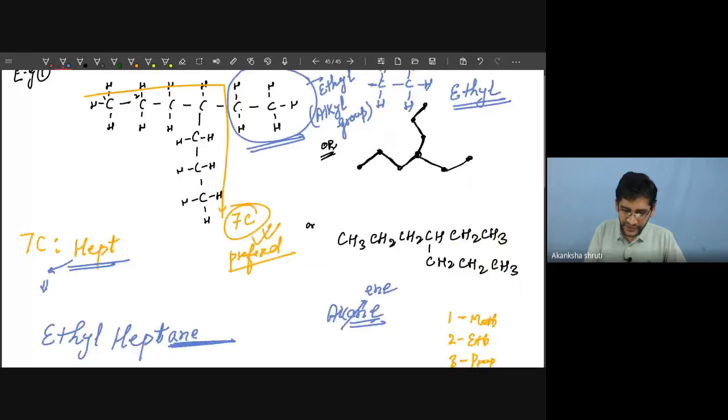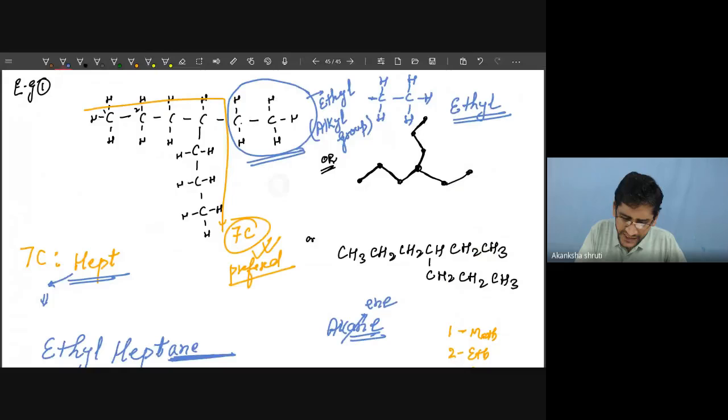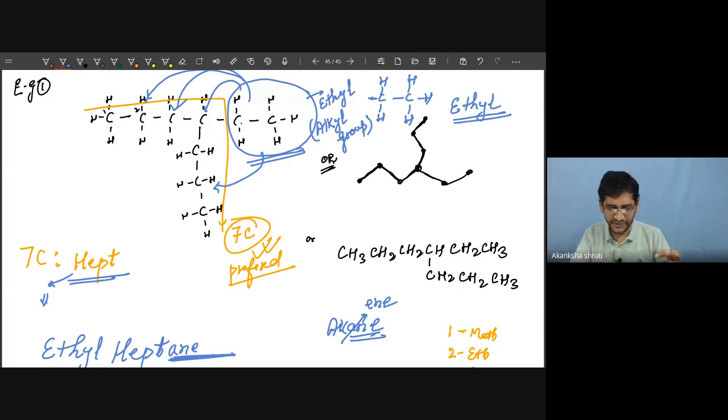But many a time it is possible that this group is present at this position, or maybe present at this position, or it may be present at this position. If the position is changed, then it will give rise to a new structure. It may be possible. Students, for that the other rule is given. What is that rule? The rule is very simple. You have to indicate the position of this prefix and this suffix.